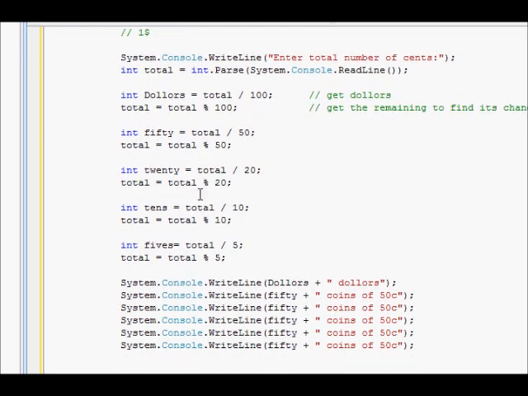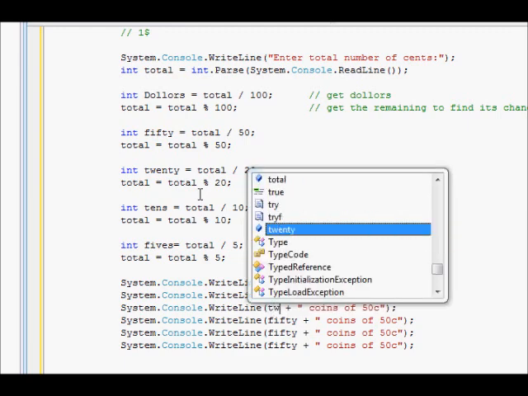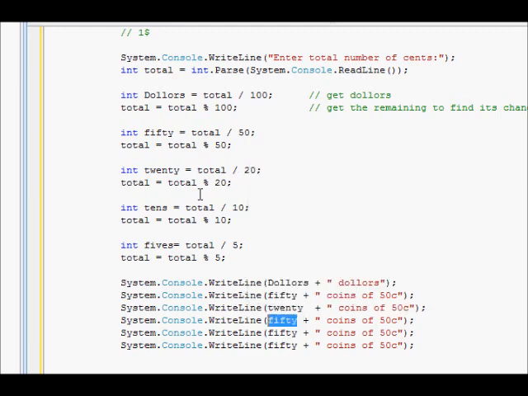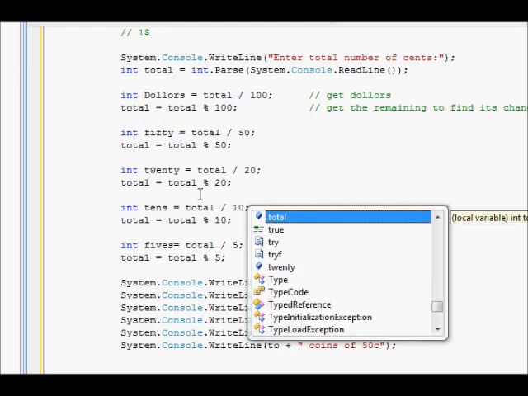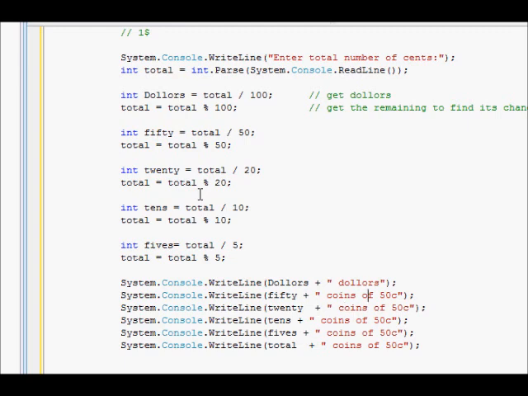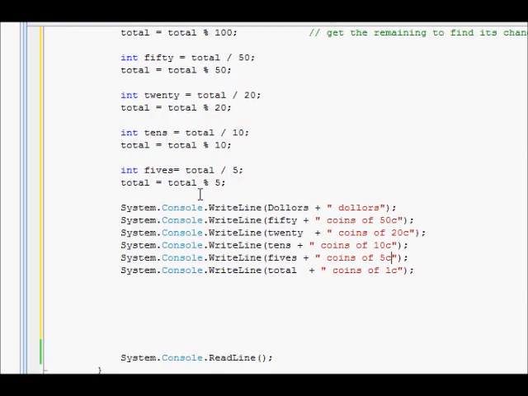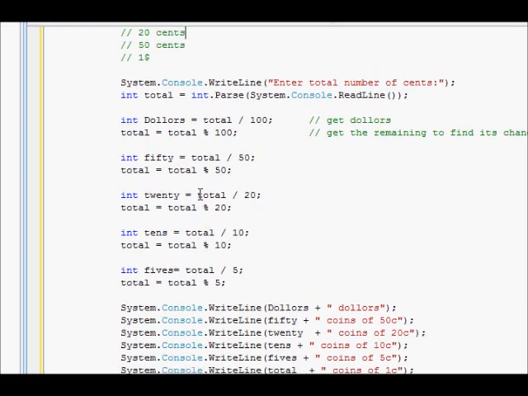Just to make things faster, so we have 50, we have 20, we have 10, sorry, this is tens, fives, and total. So 50 is going to be 20 cents, 10 cents, 5 cents, and 1 cent, right? So this is how you could convert the number.